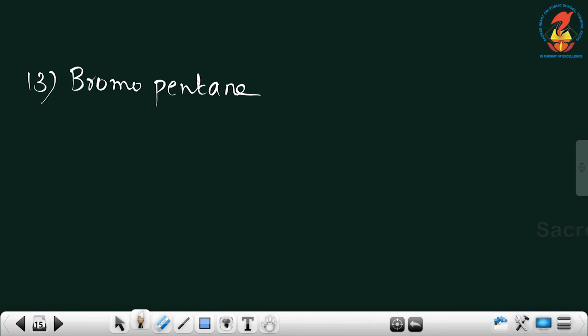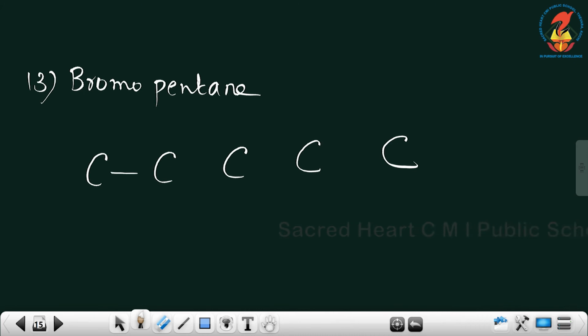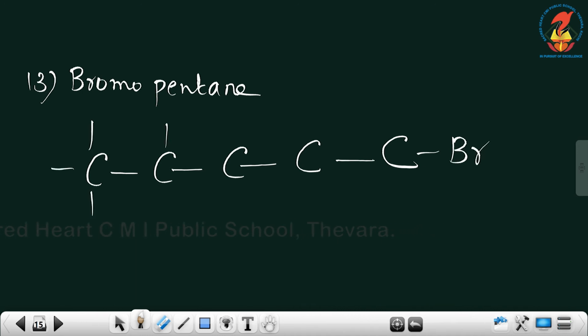Next, bromopentane. Pent means 5. So write 5 carbon atoms with single bonds in between, pentane. There is a functional group, bromine. Now the remaining valencies should be filled with hydrogens.